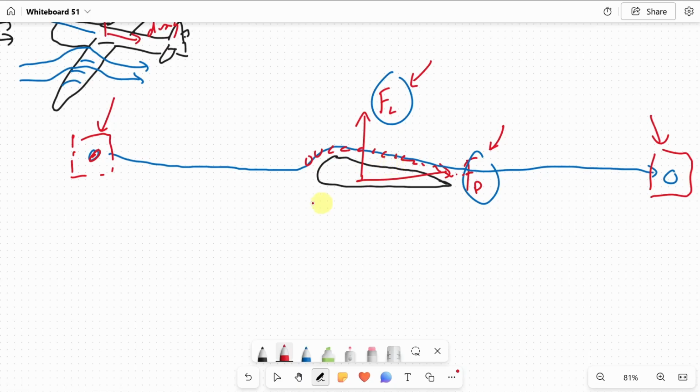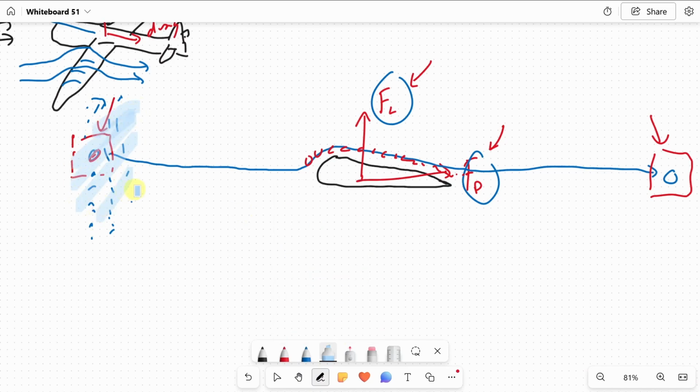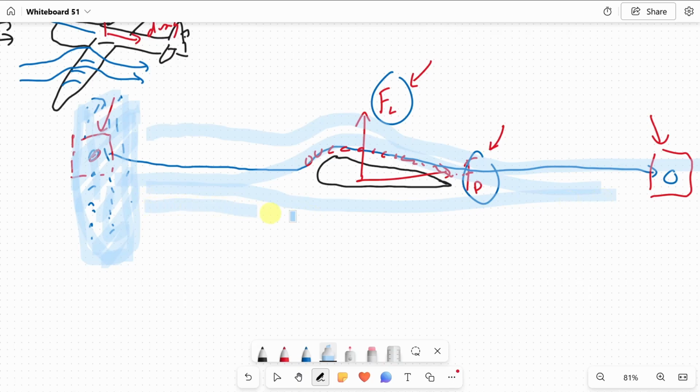Okay, so imagine you have billions of air particles, right? I'll just illustrate this by coloring. So this color in this region represents all the air particles in front of the wing. So these will move over the wing, and some of the particles will go below the wing. Okay.